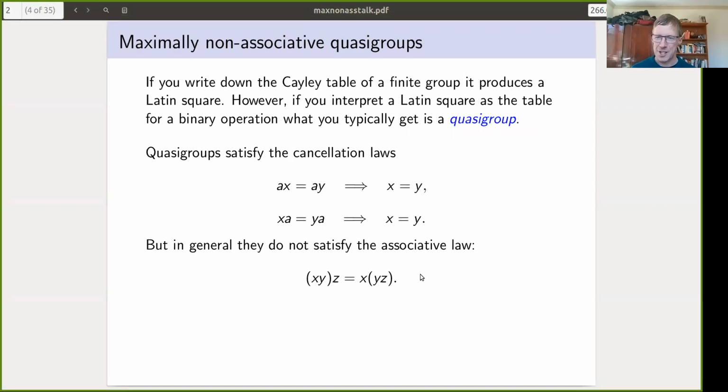But if you take a Latin square and interpret that as an operation table for a binary operation, then the algebraic object you get is a quasigroup. Quasigroups satisfy these cancellation laws, that you can cancel on the left or on the right. But in general, they don't satisfy the associative law, which is this one. And that's the main thing that makes a group, I guess.